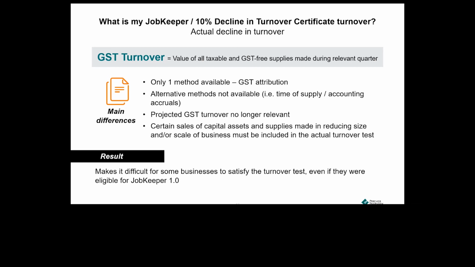So for those of you who were within JobKeeper 1.0 or are familiar with those rules, you may recall that the decline in turnover rules and the methods that were available under JobKeeper 1.0 did give some flexibility in terms of the method that could be chosen.